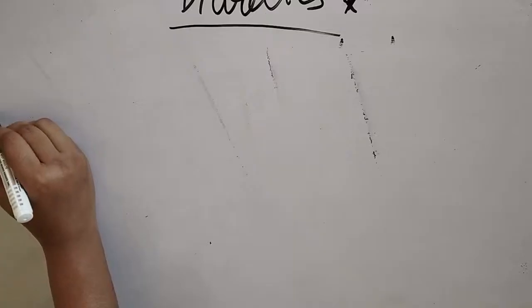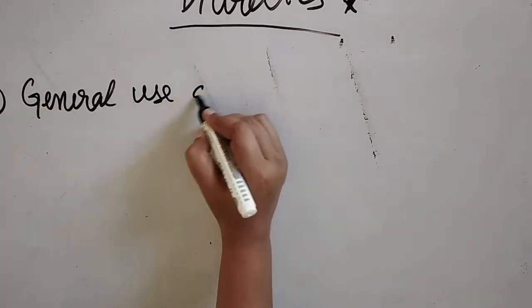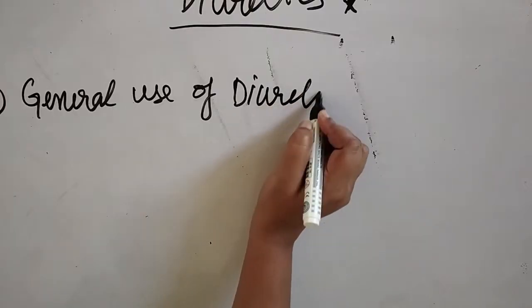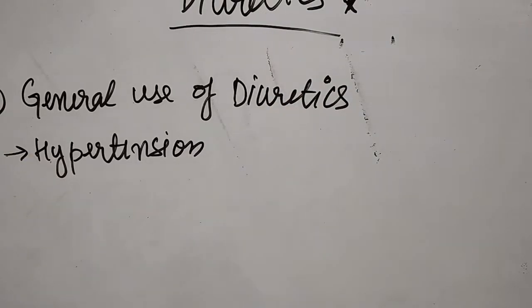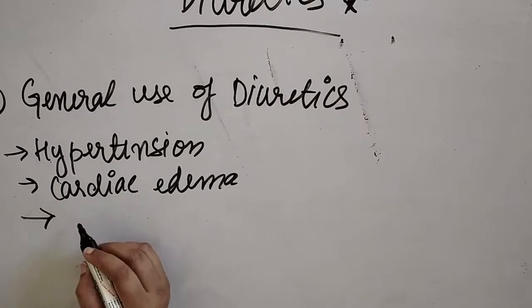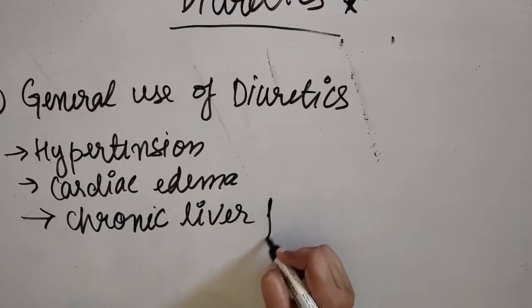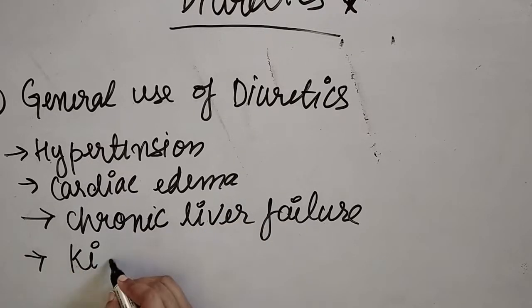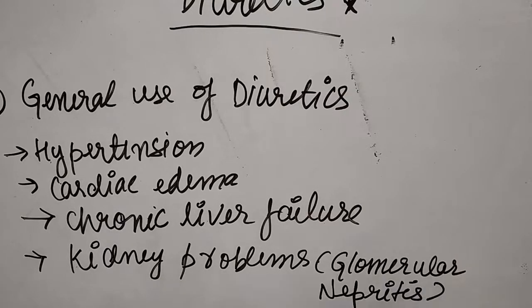Next, the second component is the general use of diuretics, that is, why these diuretics are used. In case of hypertension, we use diuretics. In case of cardiac edema, chronic liver failure, kidney problems or accumulation of water inside the kidney, in all these cases we generally use diuretics.